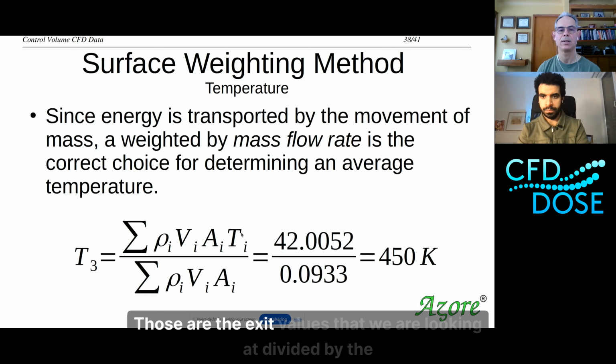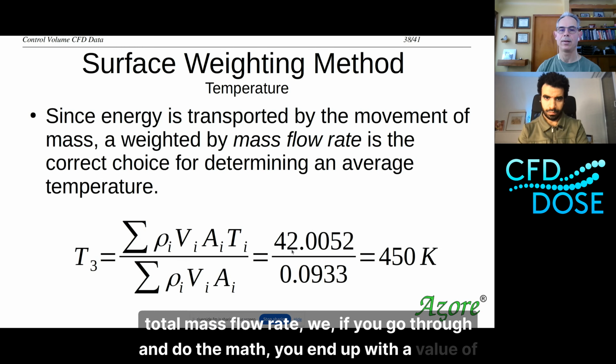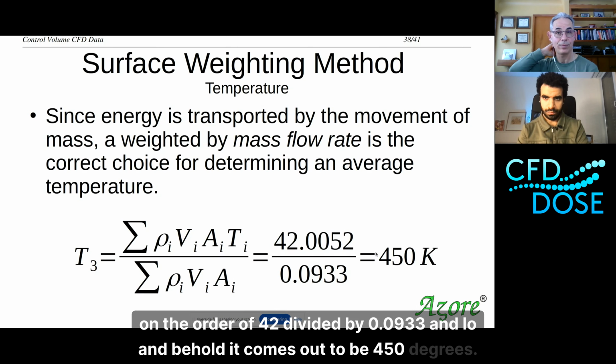Those are the exit values that we are looking at, divided by the total mass flow rate. If you go through and do the math, you end up with a value on the order of 42 divided by 0.0933. And lo and behold, it comes out to be 450 degrees.